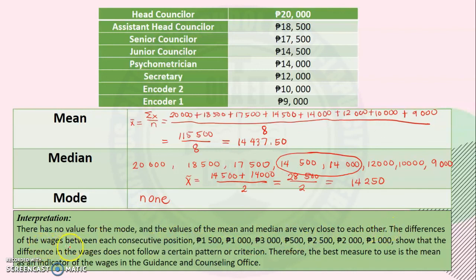The differences of the wages between each consecutive position, 1,500, 1,000, 3,500, 2,500, 2,000, and 1,000, show that the difference in the wages does not follow a certain pattern or criterion. That means the median is not the best. Therefore, the best measure to use is the mean as an indicator of the wages in the guidance and counseling office.